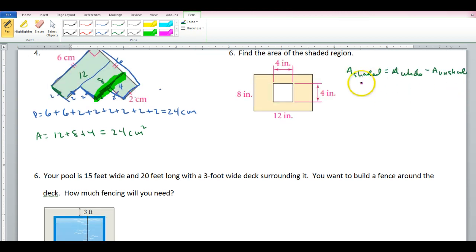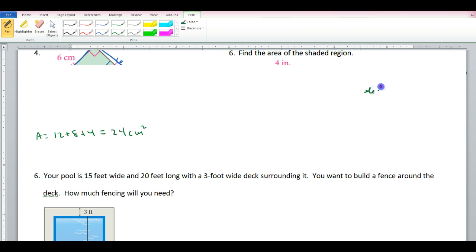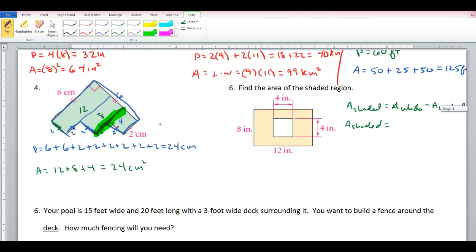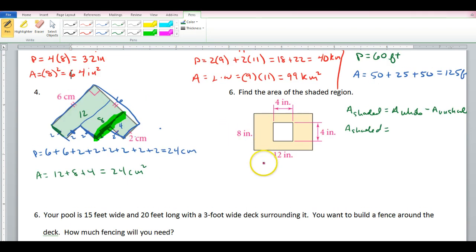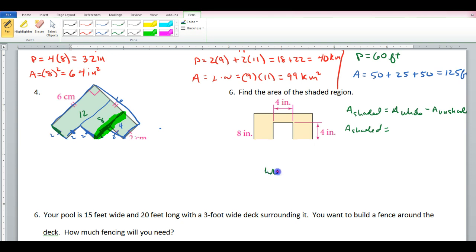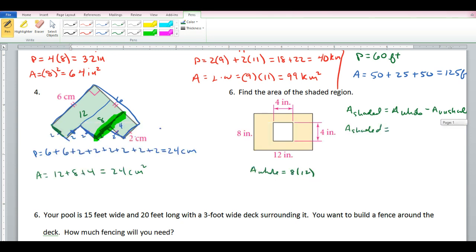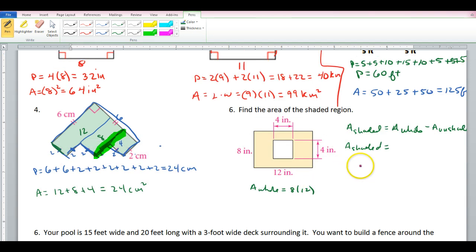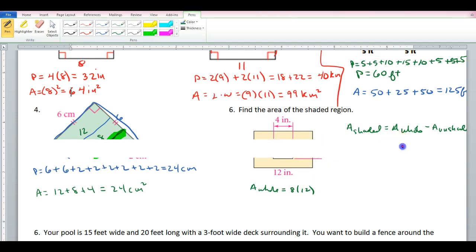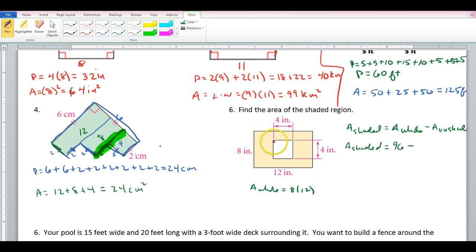Okay. So in this case, the area of the shaded region would be, when you look at the whole region, you would do 8 times 12. And when you do 8 times 12, what is that going to give you? 96. Then you would go ahead and subtract the area of this.